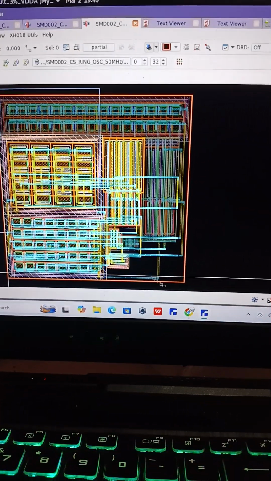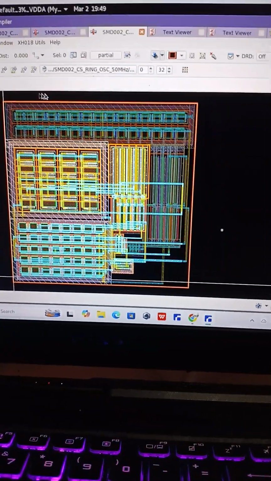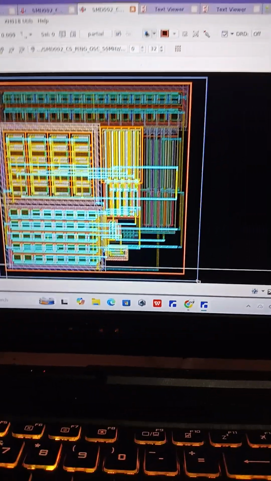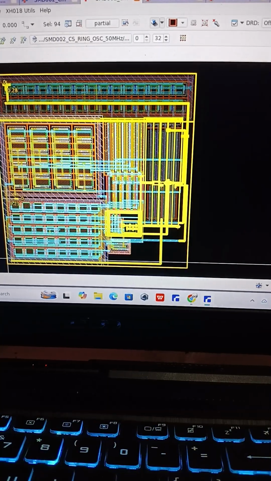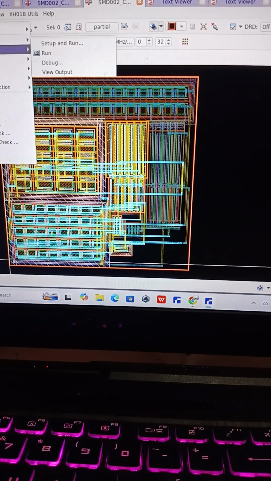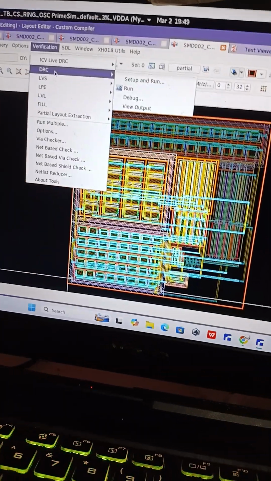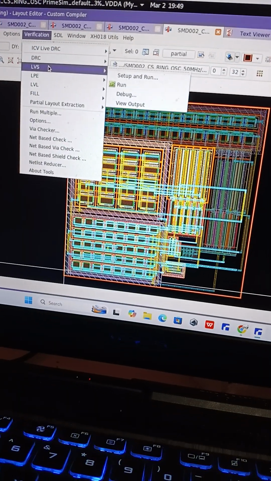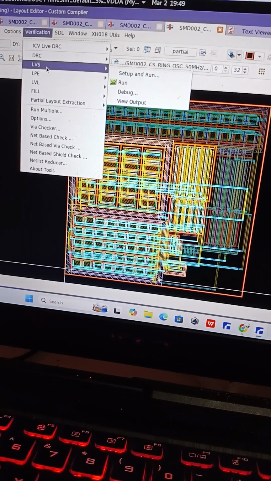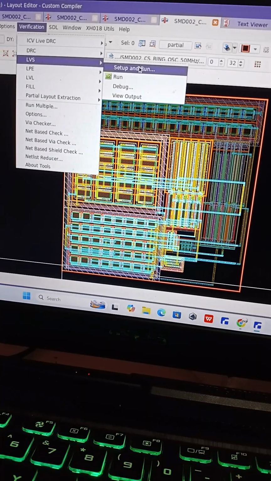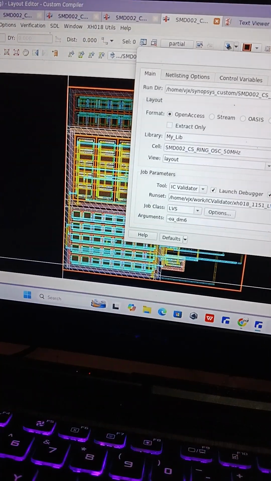Overall, I'm not done yet because this is just the layout. Of course, I already did the analysis, the DRC, the design rule check, and also the LVS, the layout versus schematic. Both of them are clean.